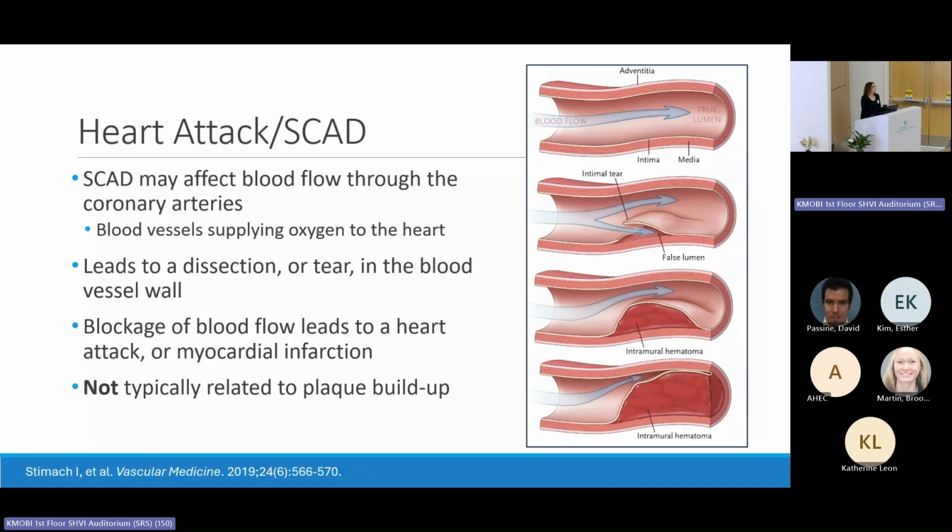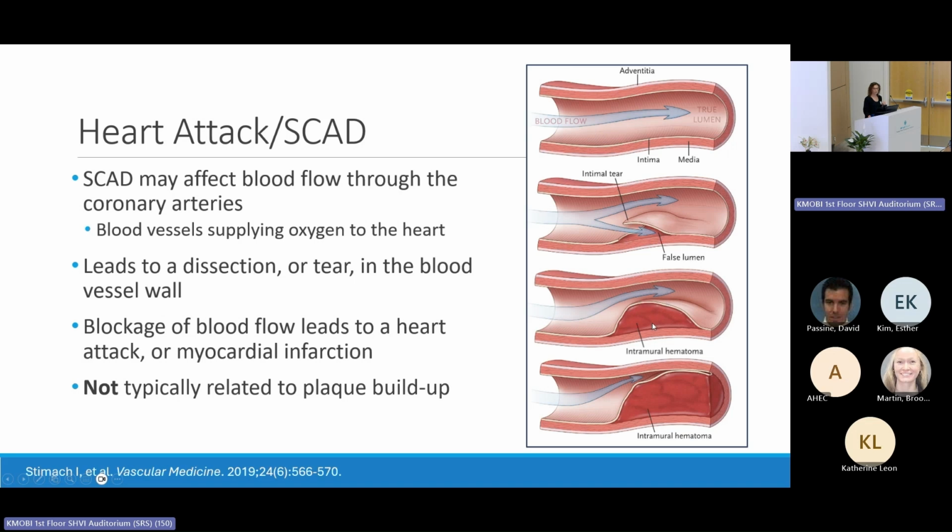So we'll first start with SCAD, and that would lead to something that is basically a heart attack. SCAD can affect the blood flow through any of the coronary arteries, and these are the arteries that sit on top of the heart and supply oxygen to the heart. You'll see normal blood flow in this schematic, normal blood flow through an artery. Then there's a spontaneous tear or dissection that leads to this false lumen.